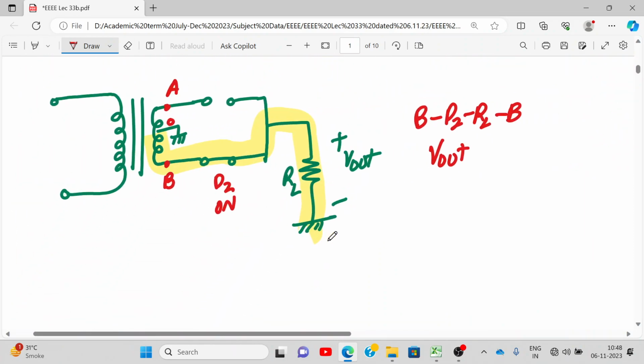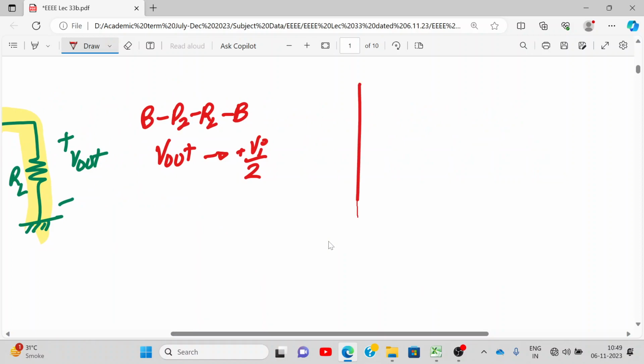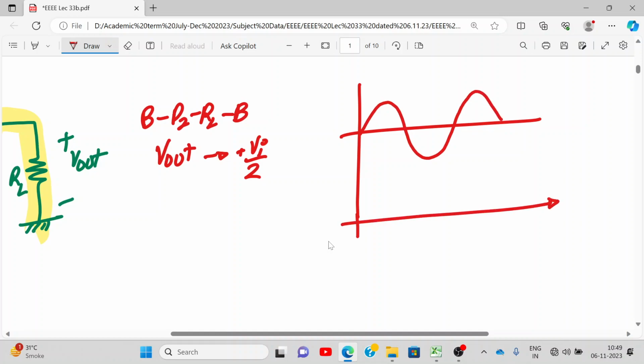That means if current is positive, V out also will be positive. So here output will again follow Vi by 2, but this time it will be plus Vi by 2. That means if this is my secondary output, how will be my output of the full wave rectifier?